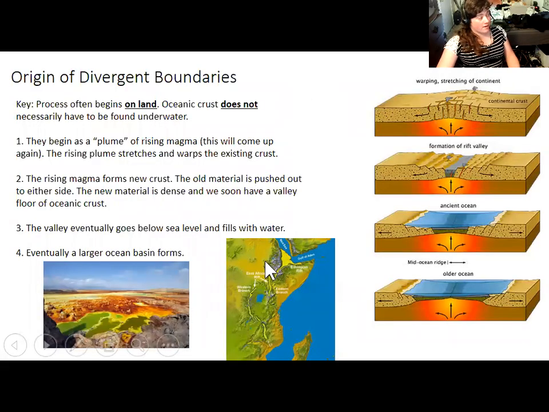But something really interesting is going on in Eastern Africa right now. You might have noticed on the Volcanoes map that there were a lot of volcanoes in Eastern Africa, like in the interior of the continent, like in Ethiopia and Kenya and Tanzania and near the African Great Lakes. And actually the African Great Lakes are there because that is really low down. It's called a rift valley because it's a divergent plate boundary.